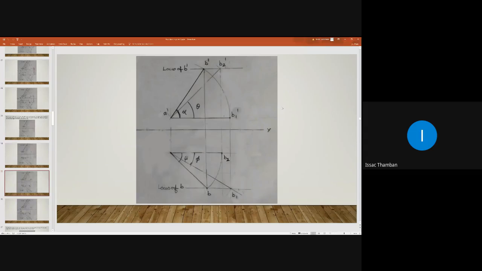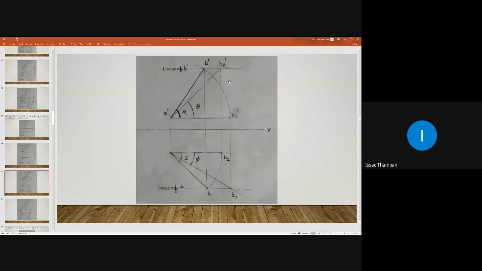What is the general characteristic of lines parallel to VP and inclined to SP? If a line is parallel to VP and inclined to SP, then in the elevation, it will reveal its true length and true inclination with respect to SP.